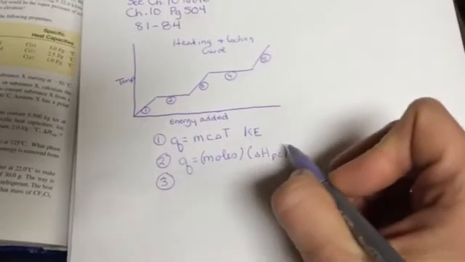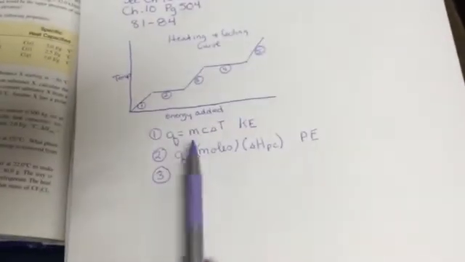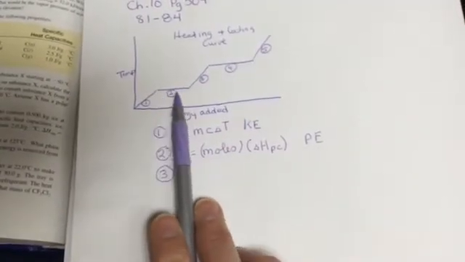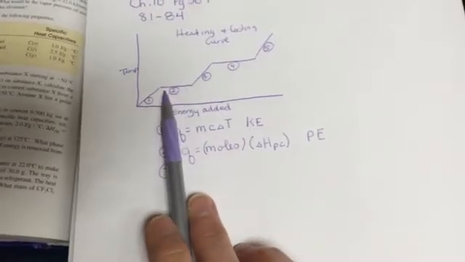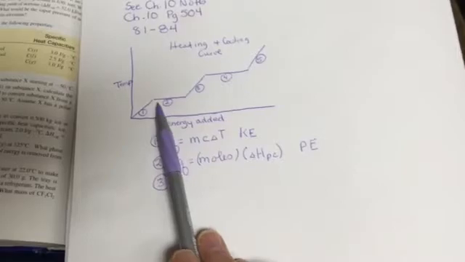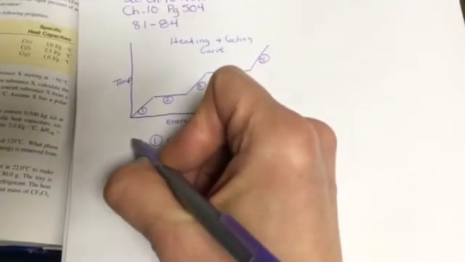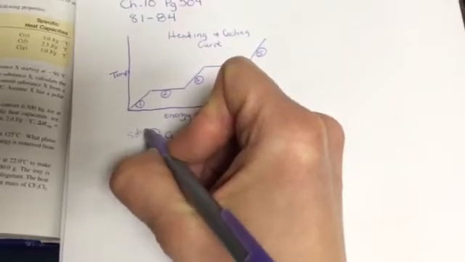Oh, and by the way, this would be representing changes in potential energy, where the intermolecular forces would be weakening. So here in phase 1, I guess we should note that we would have a solid.